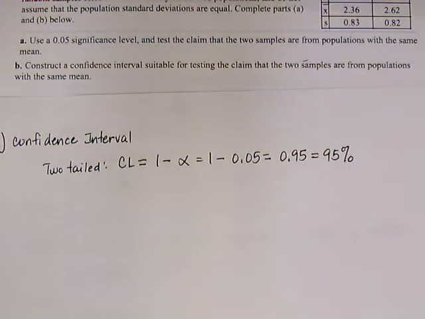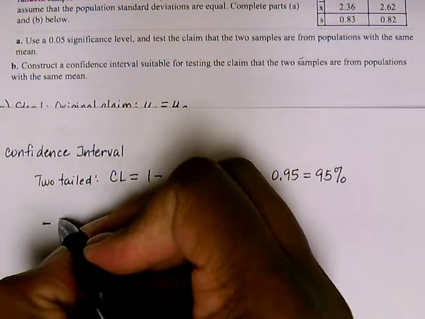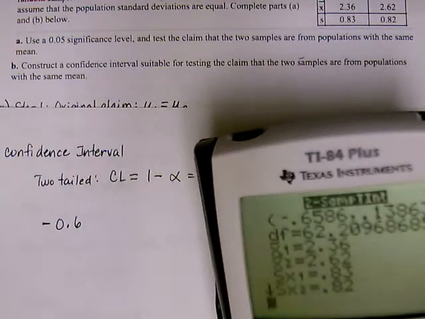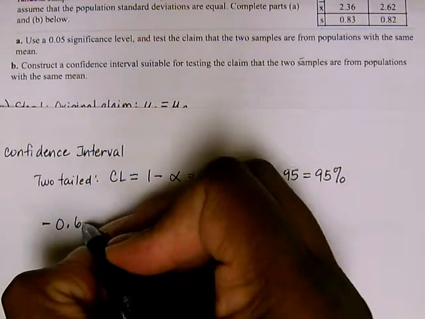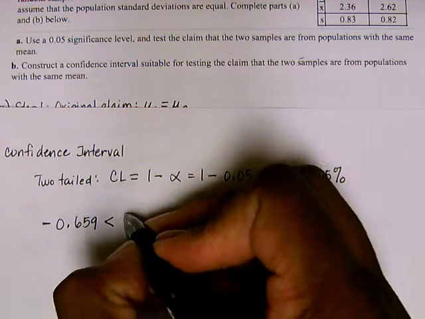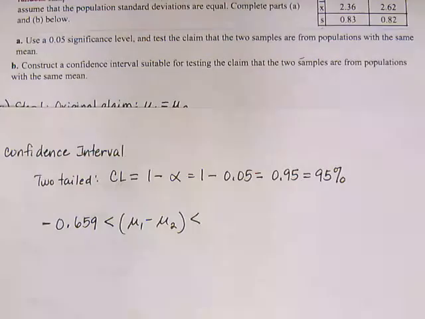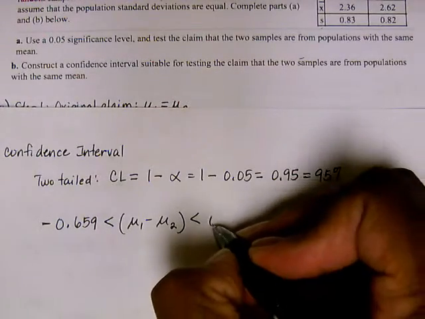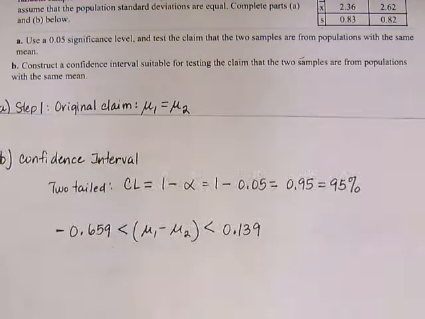So in this case here, our confidence interval would be this: negative 0.659 is less than mu1 minus mu2, and less than 0.139. Okay, so that's the confidence interval here.